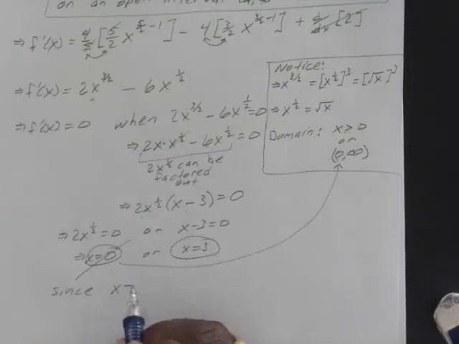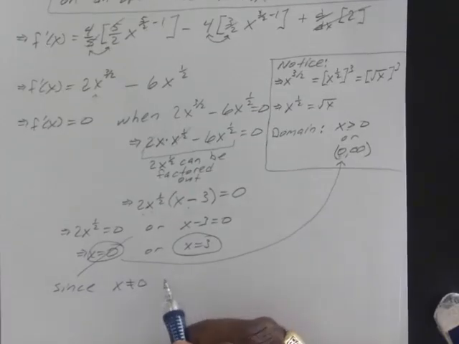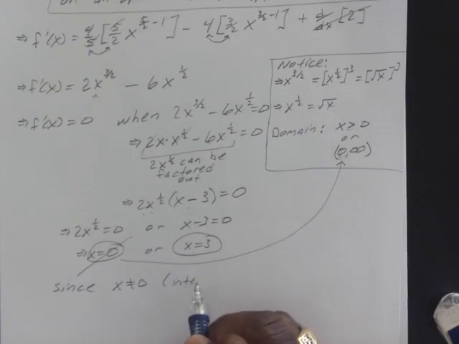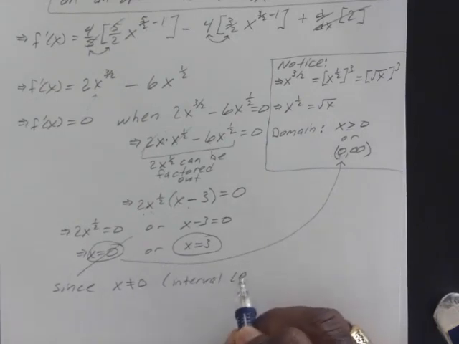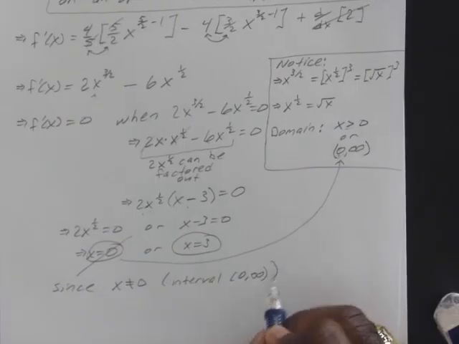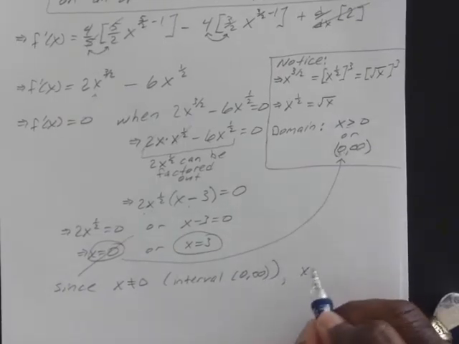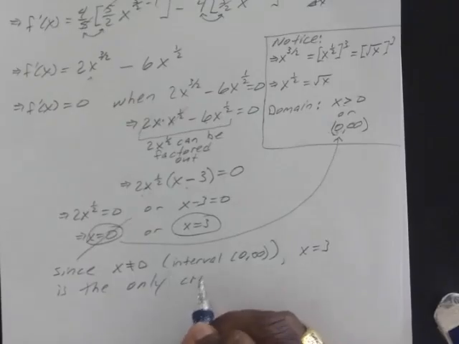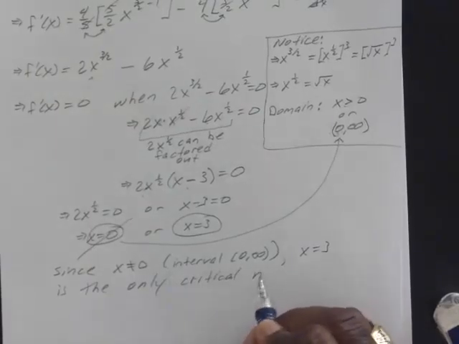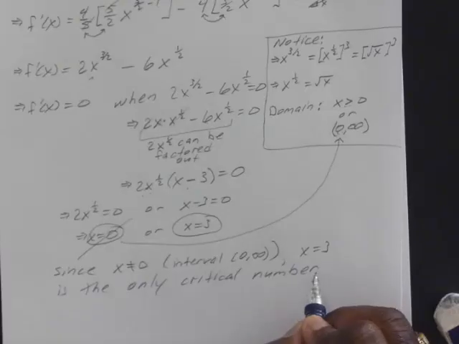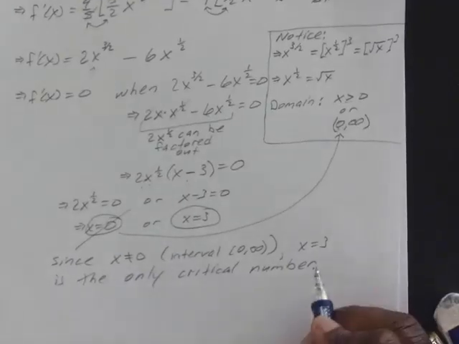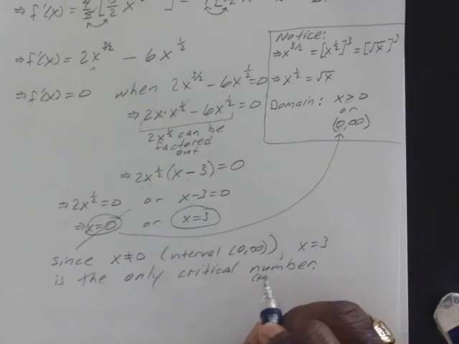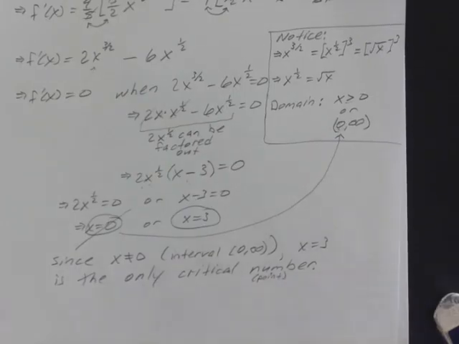Since x cannot equal 0, and that's only because the interval is from 0 to infinity, x equals 3 is the only critical number, or critical point.